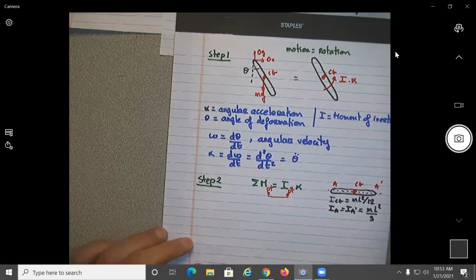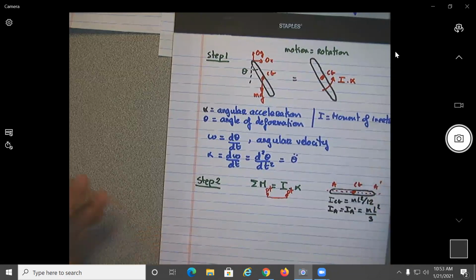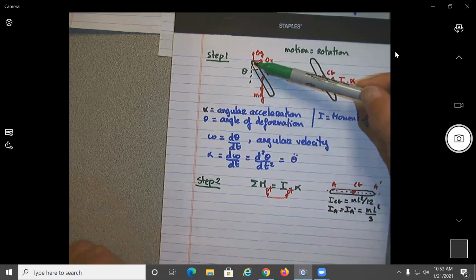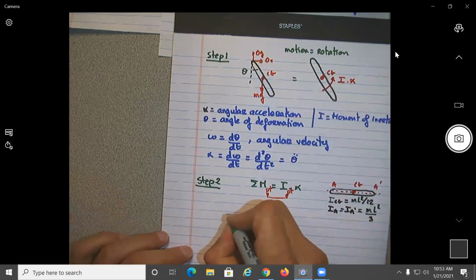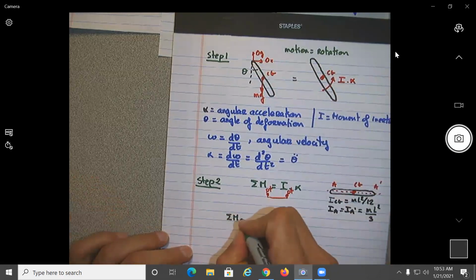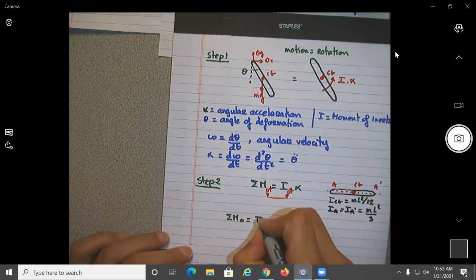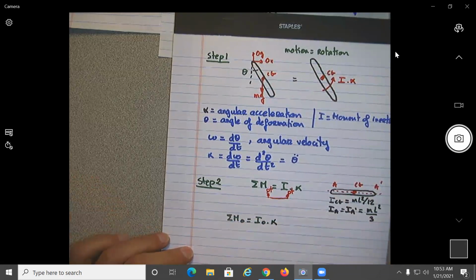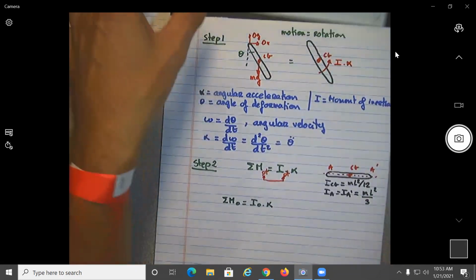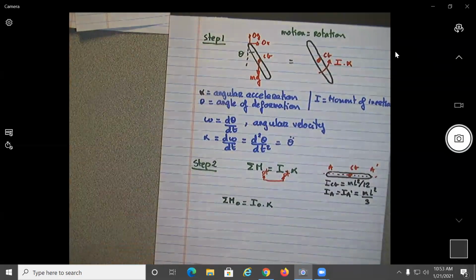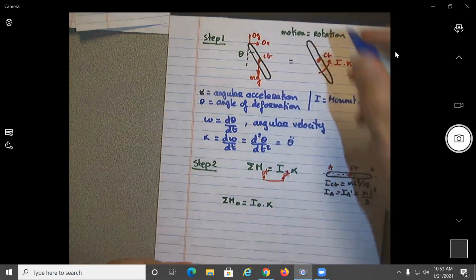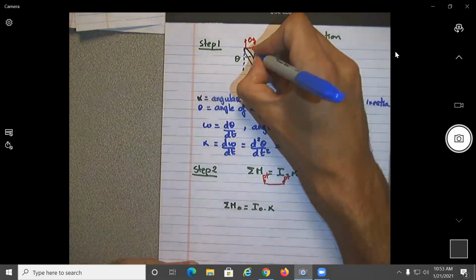So in this problem, what is the simple case? This is really rotating about which point? About point O. Let's rewrite the equation as the summation of moments about point O equals I sub O alpha. Let me add some stuff to the figure.